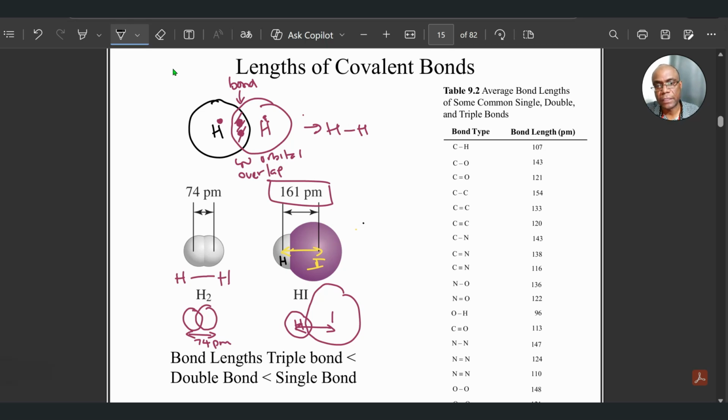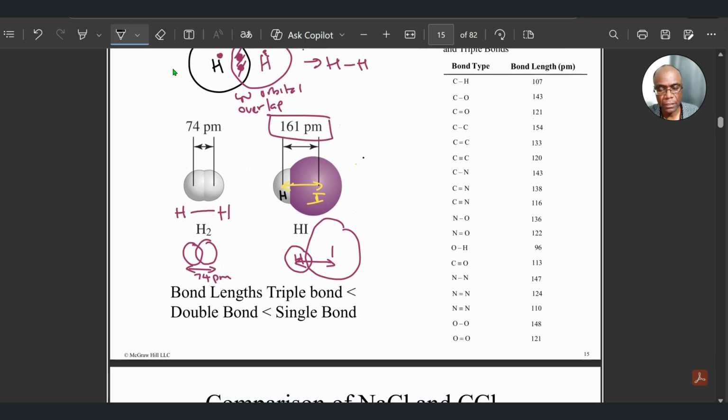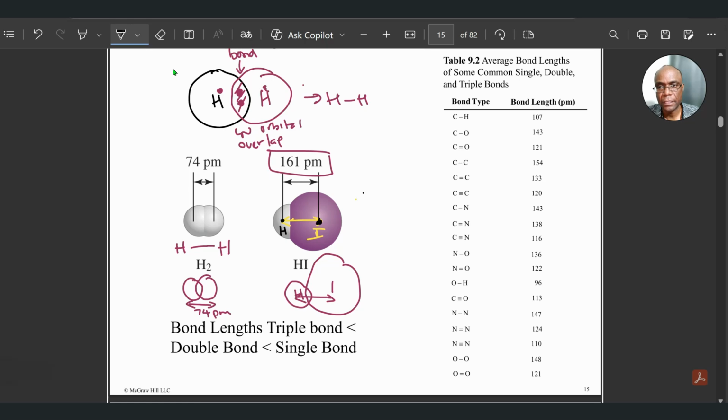So depending on the sizes of the atoms, you expect the internuclear distance, because the nuclei of the atoms are right in the center, to be longer, or you could say the bond is going to be longer. You're looking at the bond length, which is the distance between the two nuclei where there's overlapping. So you are shown here the bond lengths.